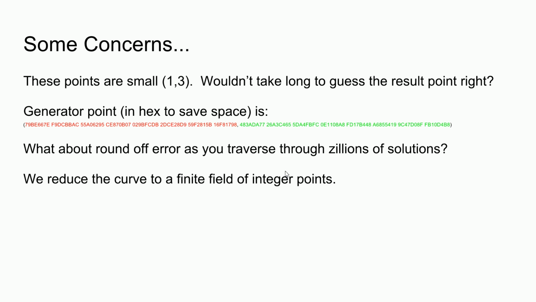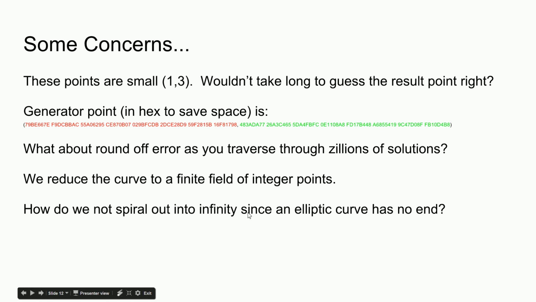That's another neat thing about elliptic curves. If you choose the right starting points and you use the right elliptic curve properties, A and B, you can actually stay on integer solutions, which is amazingly helpful for this. It's critical, actually.